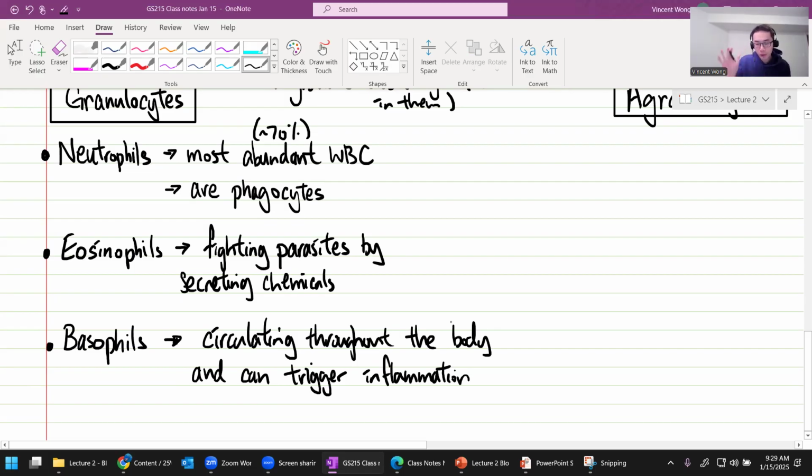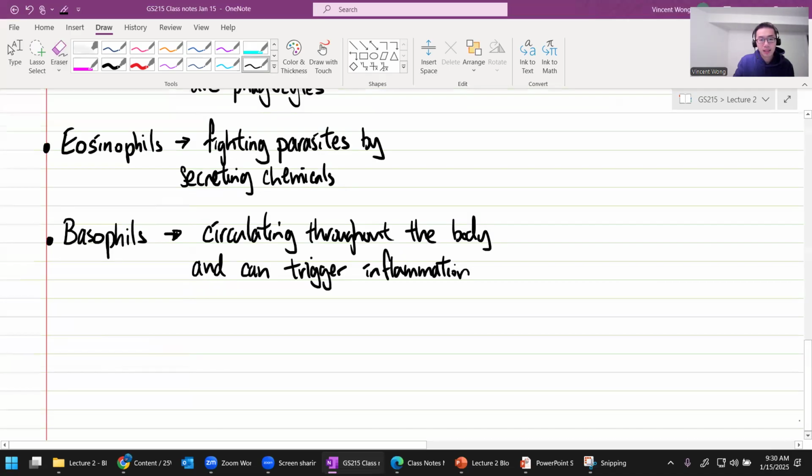Again, they do other things. If you read about this online and you see that it has some other functions, it's not wrong. They sometimes have overlapping functions too. But I'm just trying to highlight one of their functions, for the purpose of what we're learning. So inflammation, if you think about an allergic reaction you have in the summer with the pollens and everything, that's a kind of inflammation.